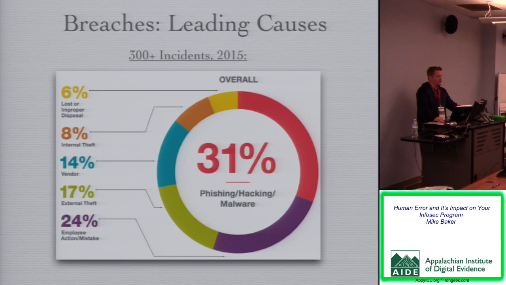It breaks down more specifically into these separate categories that are shown on this slide. 31% being phishing, hacking, malware, 24% of the incidents being specific employee action or a mistake. 17% were external theft, which is something like leaving your laptop in your unlocked car and someone comes along, takes it, and you had proprietary info on the laptop. 14% of the incidents were vendor related. 8% were actual internal employee theft, meaning somebody stole data they shouldn't have had access to, or expanded access where they shouldn't have.